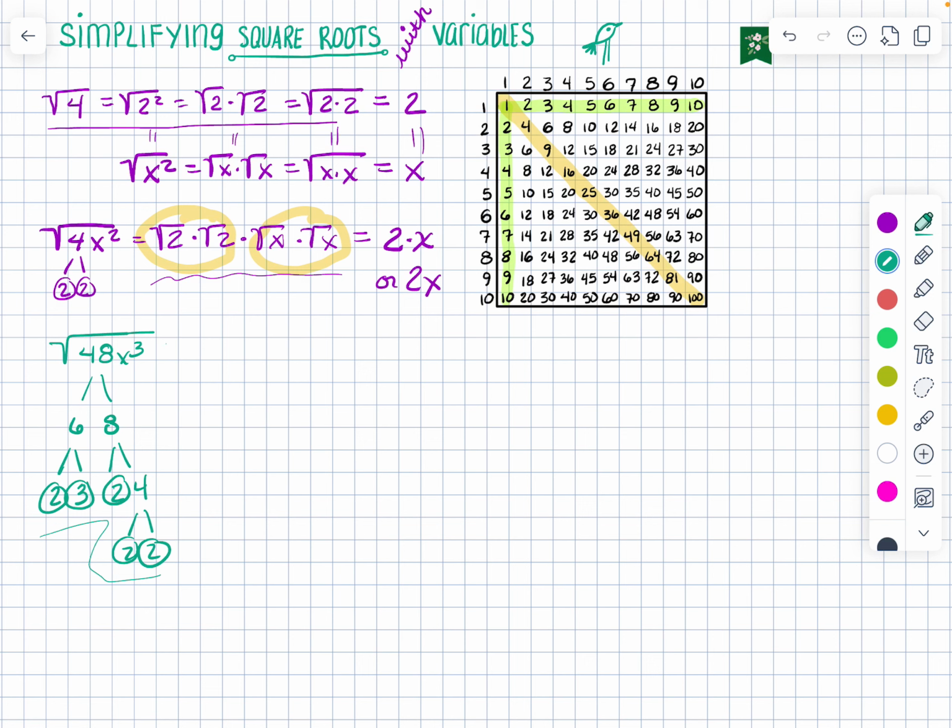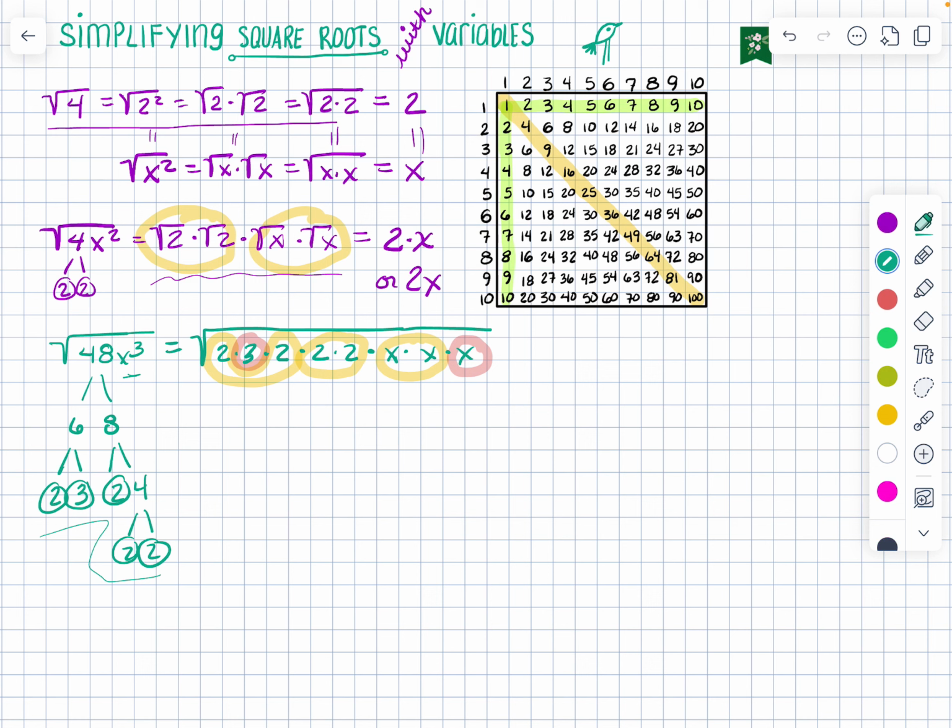So let's rewrite this now, and I'm going to put all these under one radical. 2 times 3 times 2 times 2 times 2, and then times x times x times x, because we have x cubed here. And now we can combine all of the pairs that we have here. So we've got a pair of 2's here, a pair of 2's here, and a pair of x's, and we are left with an x here and a 3 here.